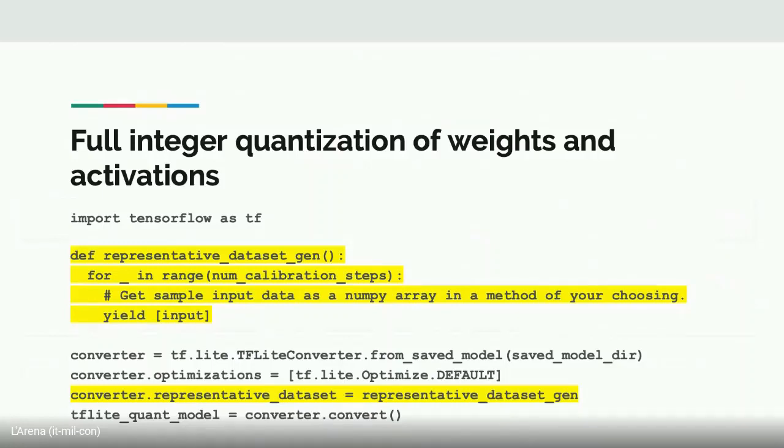Just give 10 examples. There are examples on Google Colab that you can look at. But just to give you an idea, you create a generator, and then you give the generator, and then TensorFlow does everything for you. Okay? And check that it's always the same pattern. Create the converter, you give the optimization variable, and then you actually convert it. Okay?